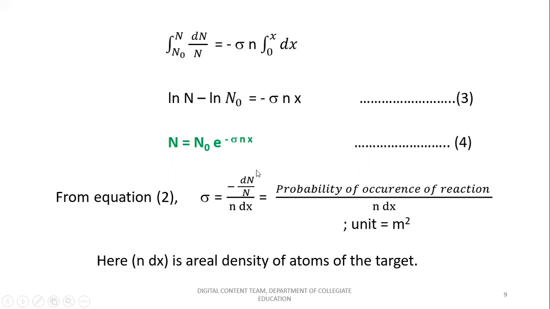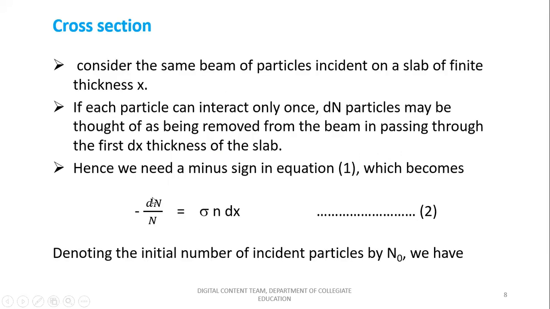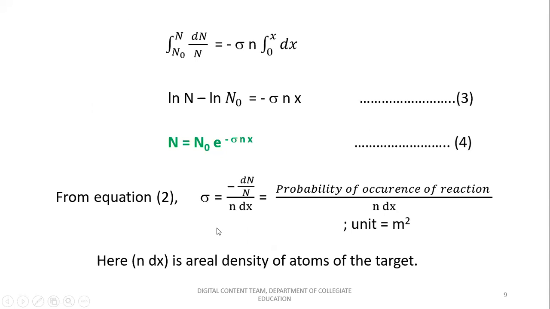So here, writing the expression from equation 2 for sigma, that is equation 2, the negative sign equation. From this equation, rewrite the expression for sigma. You can write it as minus dn by n dx, which is equal to the probability of occurrence of reaction.